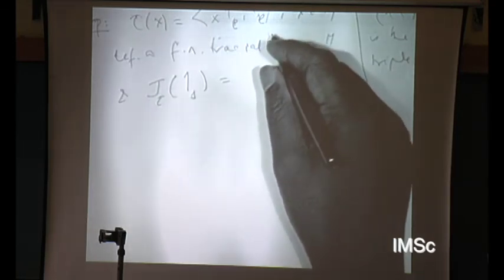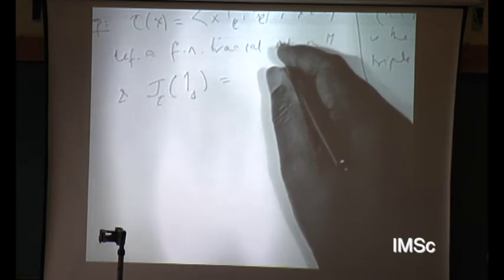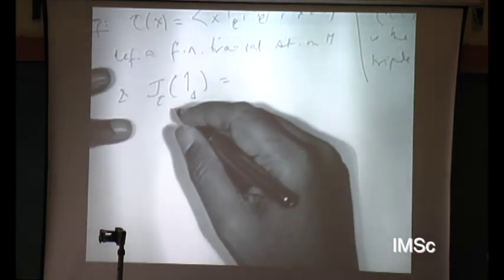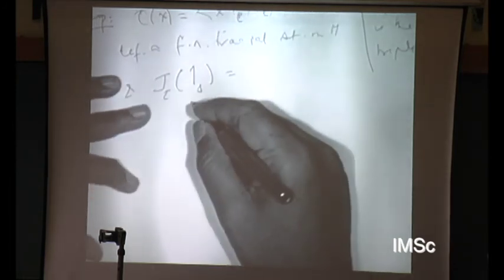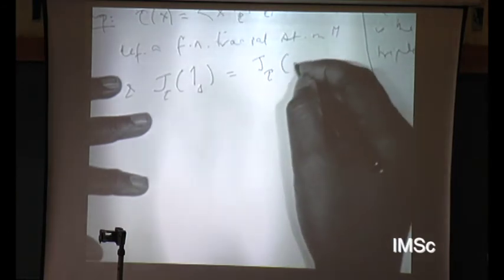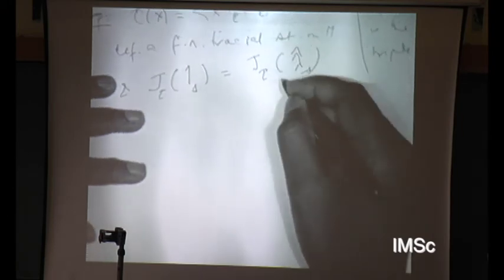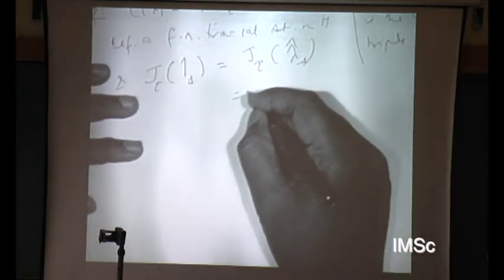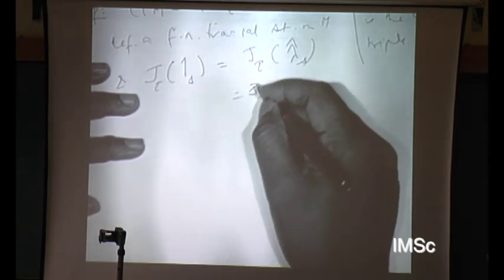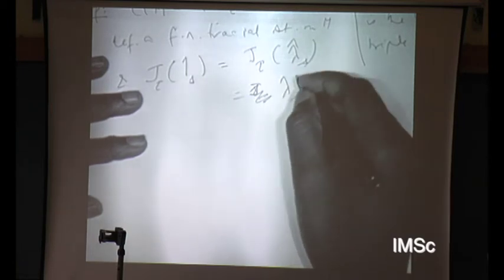So this is J tau of lambda s hat. That is J tau of, so what is that? That is lambda s star hat.